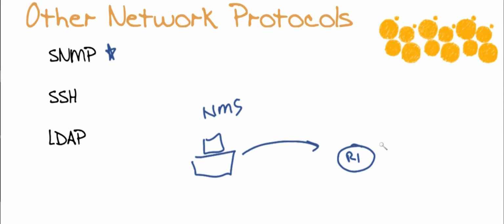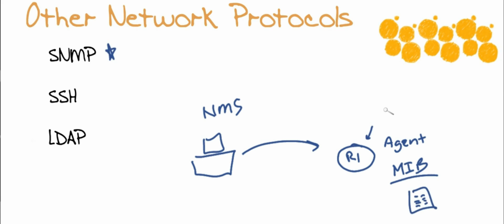What we have installed on this Cisco router is called the SNMP agent software. Inside there is Men in Black. No, that's Management Information Base. This is a database of all these different variables that can tell us about the health and operation of that particular device. So we can manage that device very effectively from our network management station.